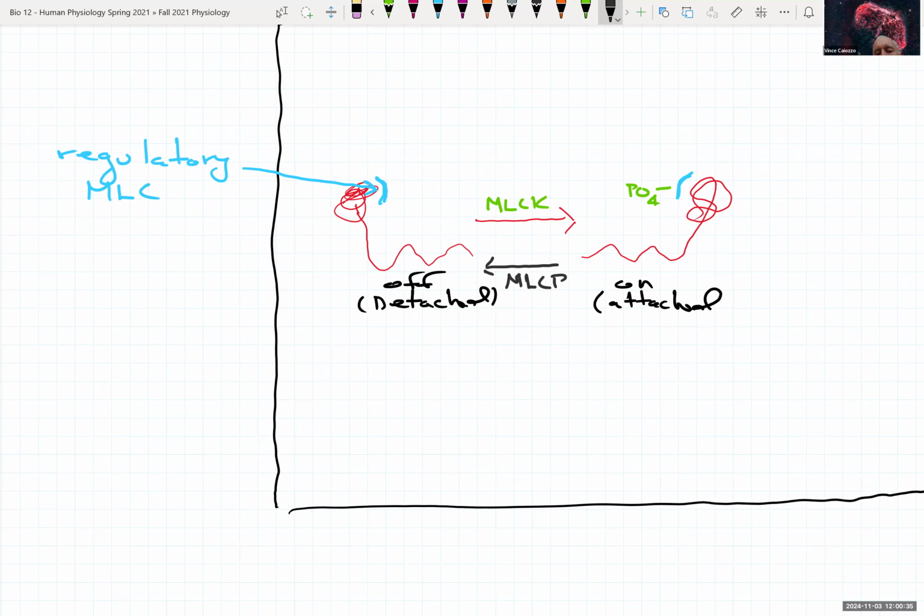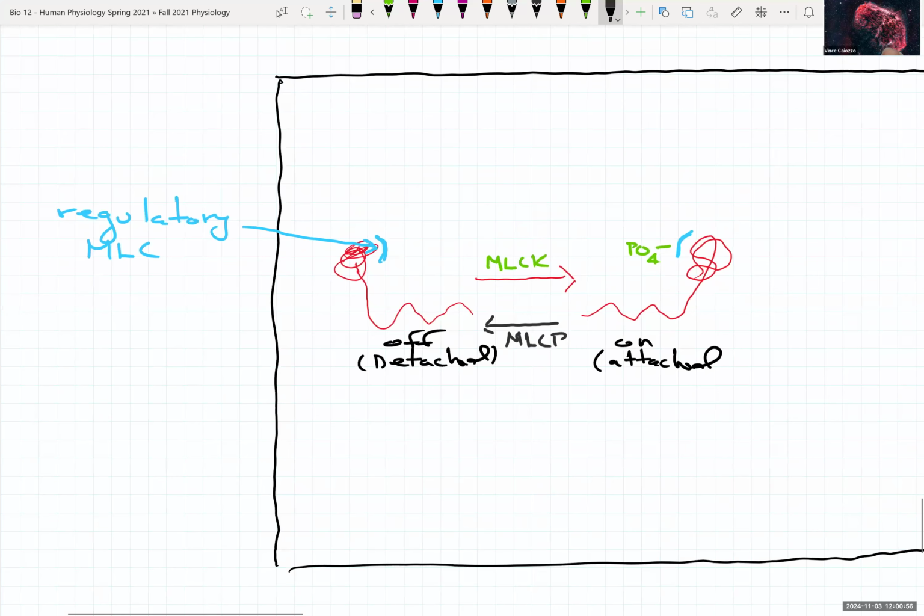And of course, if we dephosphorylate the regulatory myosin light chain, then we go from the on state, which you see to the right, to the off state, which I'm showing over to the left. And now the question is, how do we regulate these two molecules?